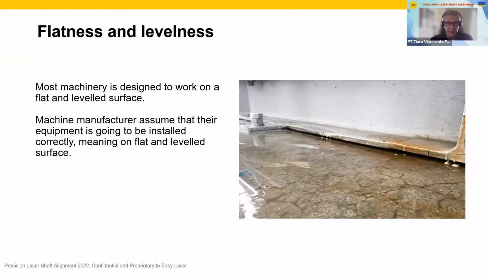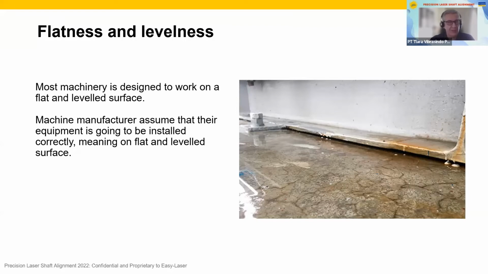Most machinery is designed to work on a flat and level surface. So we all come across many machines and assets, and again, we think about shaft alignment, how to align two or potentially more machine parts of a train through the shaft components coupling to each other.